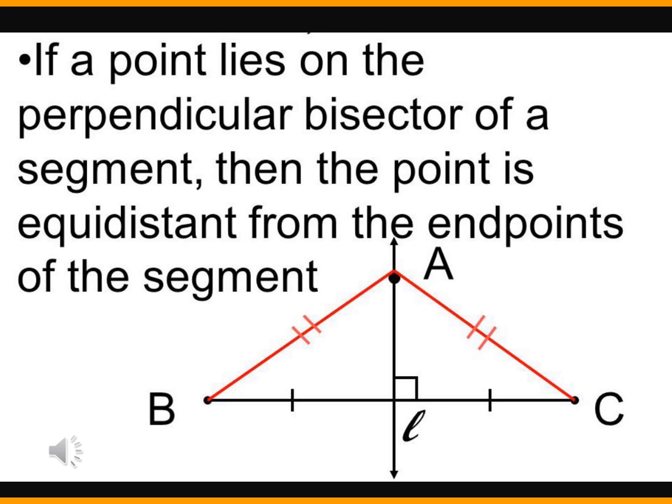And what this is saying is that point A is the same distance from both B and C. I'm not going to go through the whole proof of this, but the reason why that's true is that you end up making an isosceles triangle. You end up with triangles that would be congruent by SAS, and that's going to end up making those equidistant.